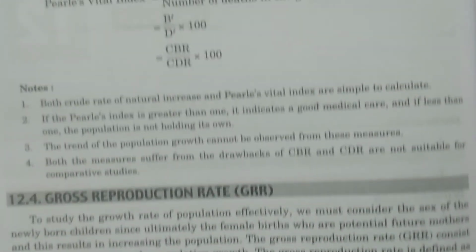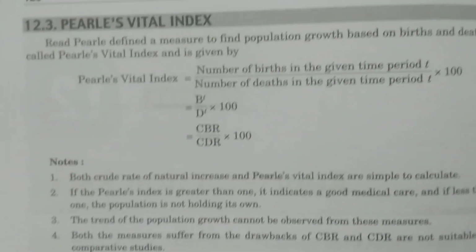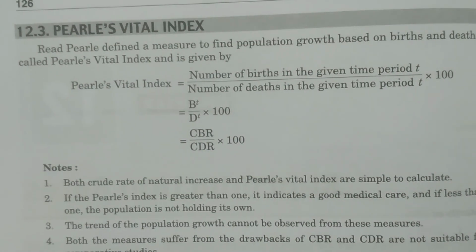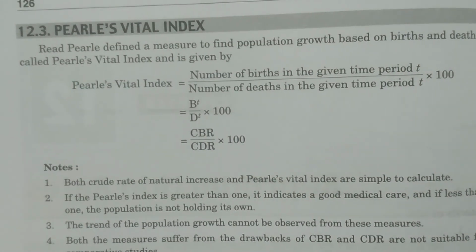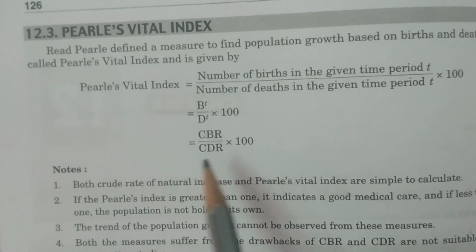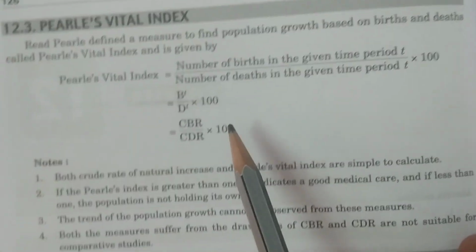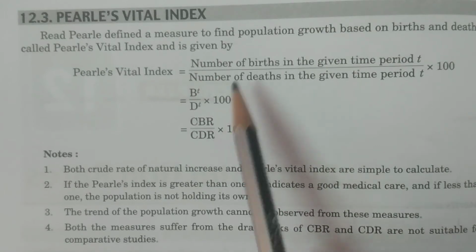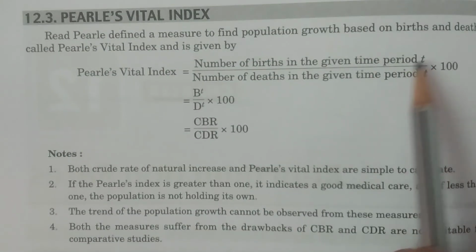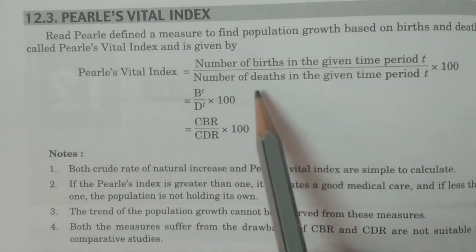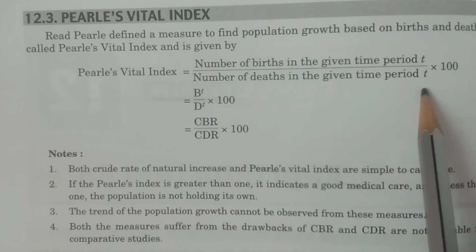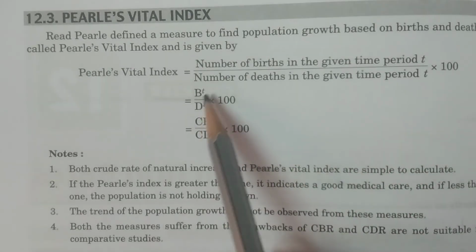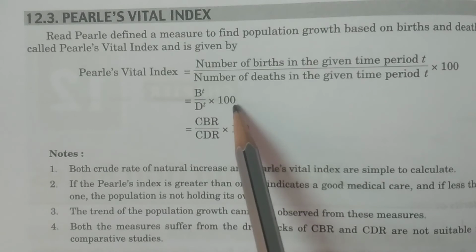The second one is Pearl's vital index. Pearl's vital index is defined as number of births in a given time period T divided by number of deaths in the given time period T, multiplied by 100. That is BT by DT into 100.